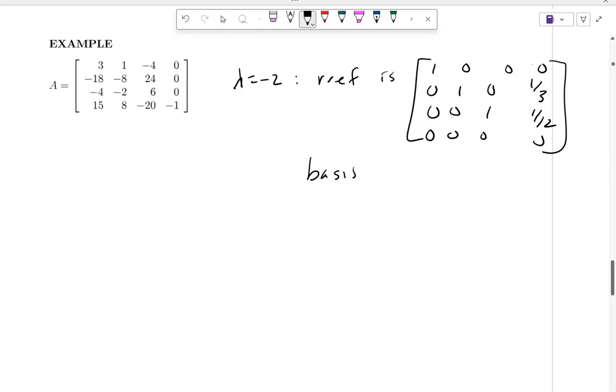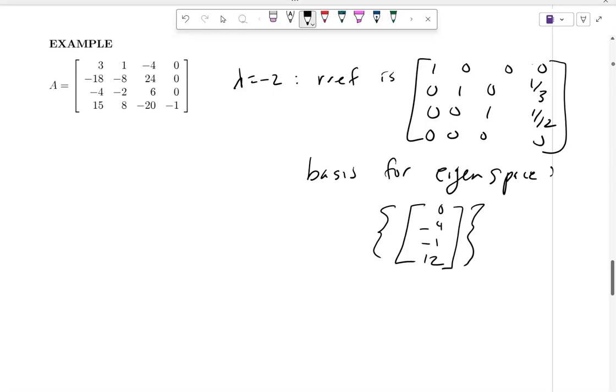And then your basis for your eigenspace would be, well, the first entry is a 0. The next one I could use a -4. The next one I could use a -1. And the last one I could use a 12 if I want to get rid of the fractions. Multiply everything by 12.